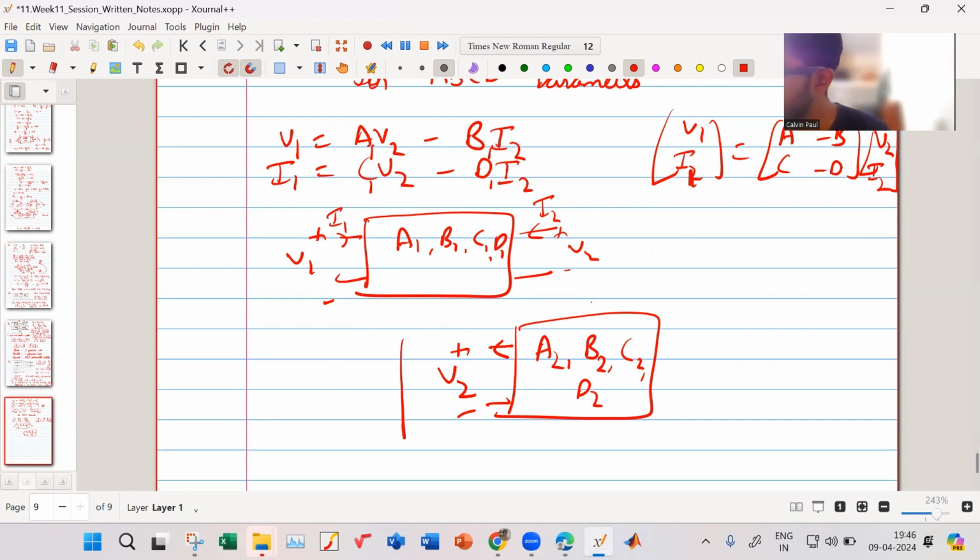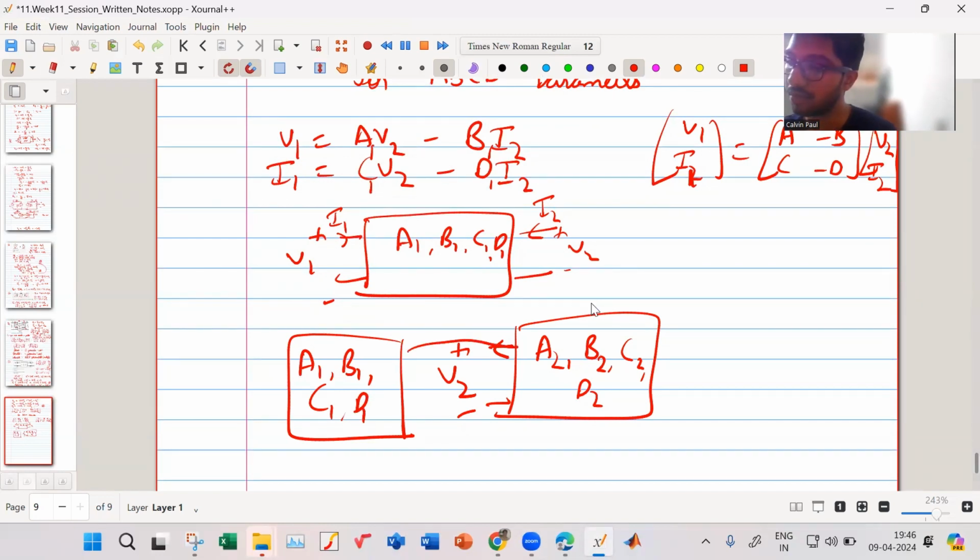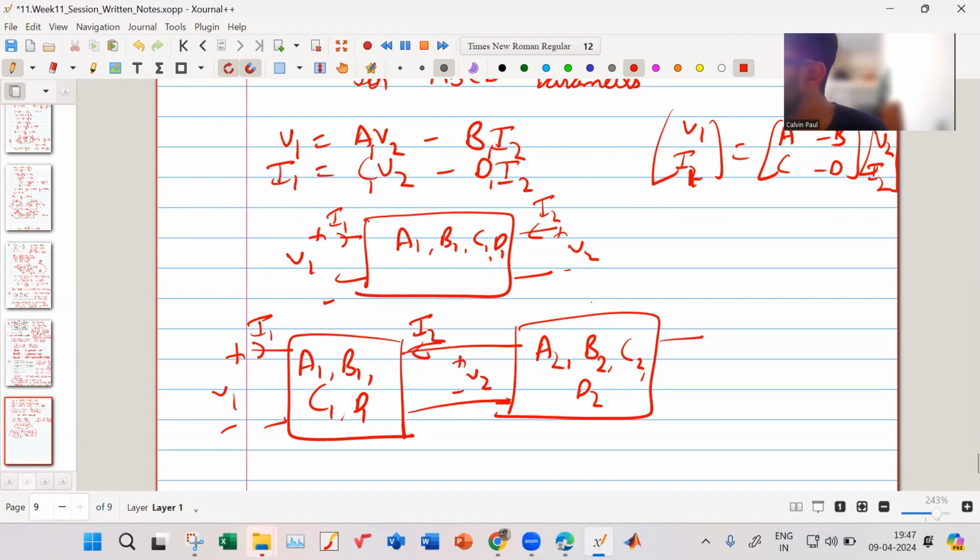So this is my A1, B1, C1, D1. This is for cascade connection. This is my V1, this is my I1, this is my V2, this is my I2, this is my V3, this is my I3.